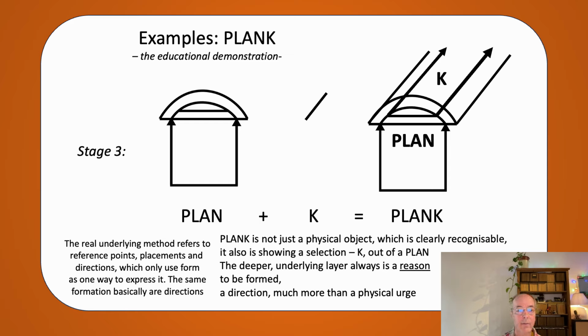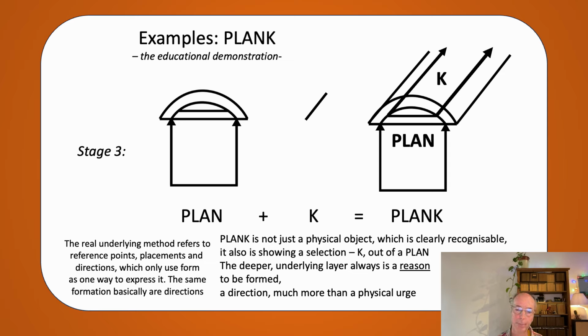I had here underneath it the word plan, and the K of the breaking part is actually also saying I take out something, I select something out of a plan, and this is my result. This is also what you say. So basically it's not only the formations and the physical objects that are important, the reasons why it is formed are much more important.